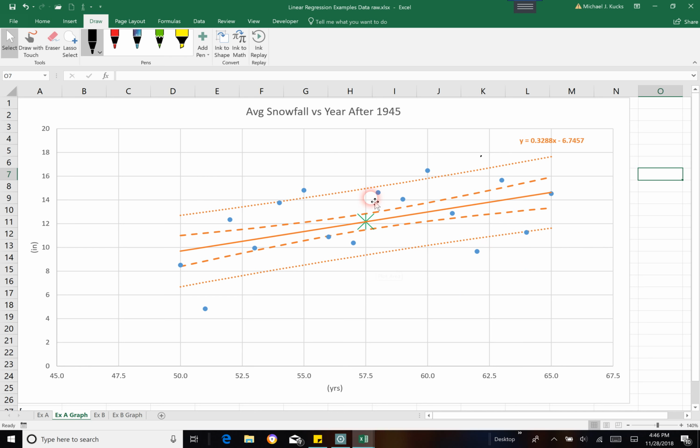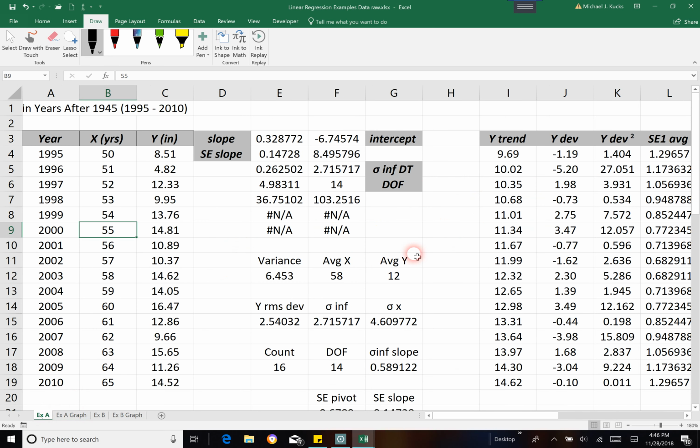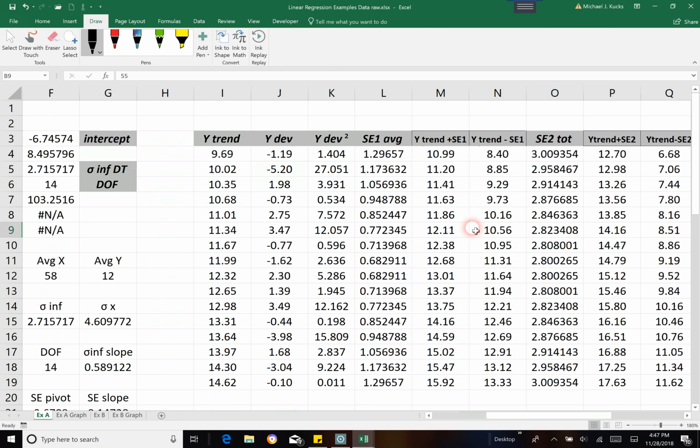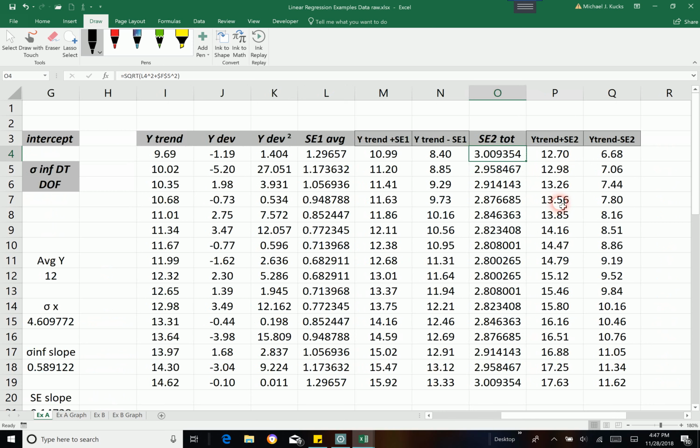If I chose a different year, then my standard error would be different, right? I mean, go back here. SE2 changes with the year. Here I was at 2.87. Here it's more like 3. And so the results I get are going to depend on the SE, and the SE2 changes depending on what year I'm looking at.